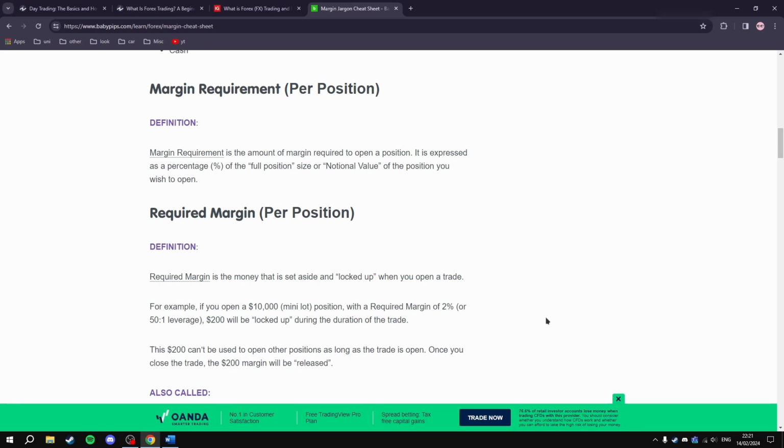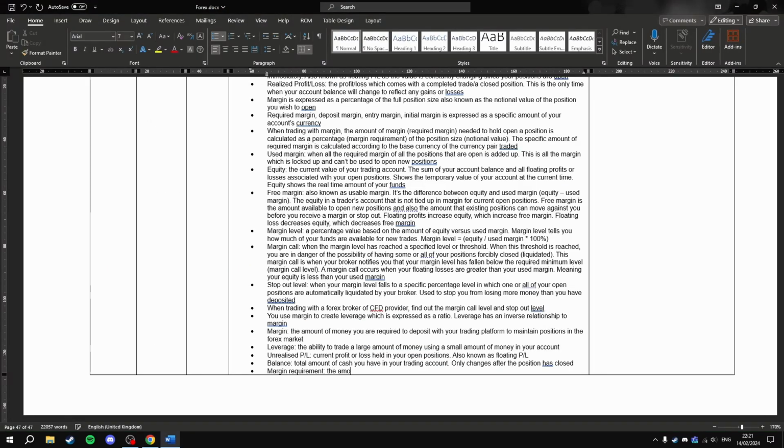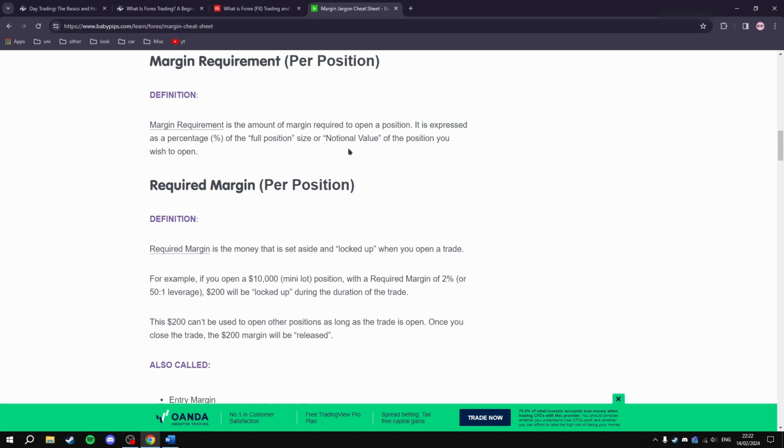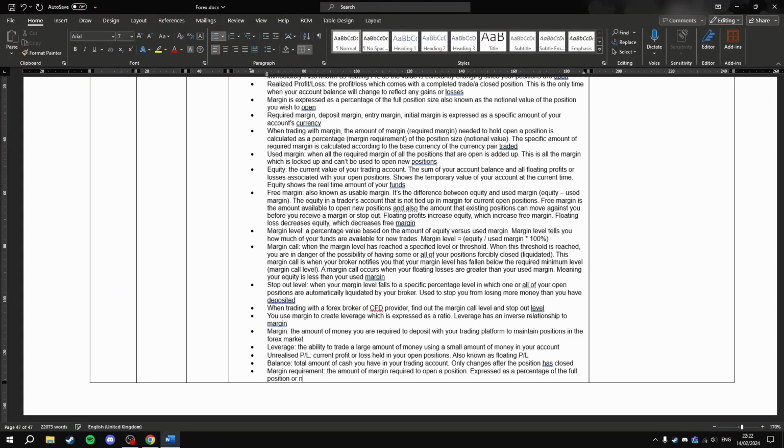It is expressed as a percentage of the full position size or notional value of the position you wish to open.